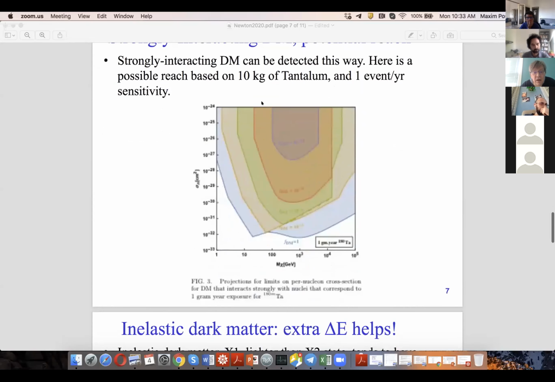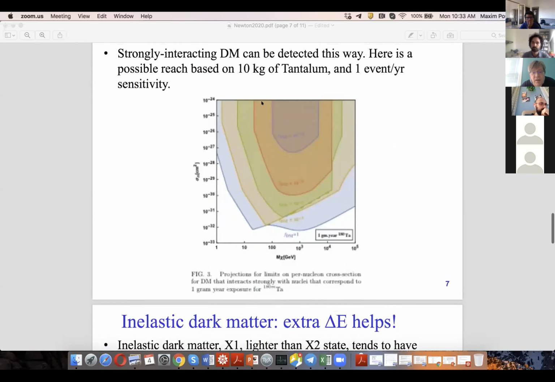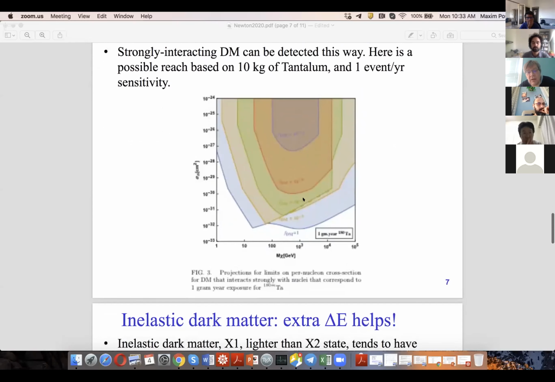So here, with somewhat poor resolution, I quote. It's not seen, but you can access our paper to look at it in more detail.